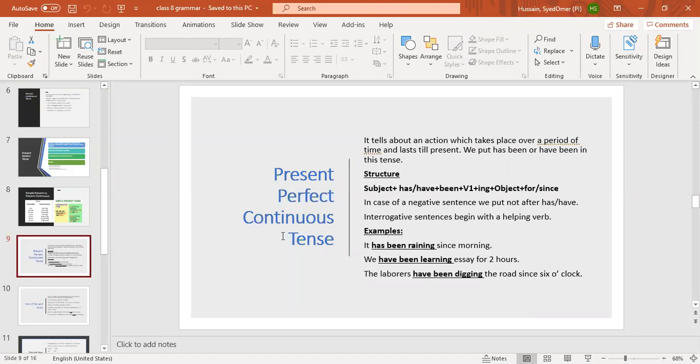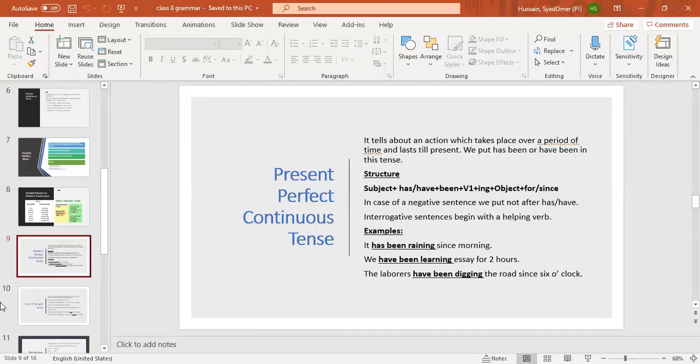I've told you, in every continuous tense, wherever the word continuous comes, you have to put ing with the first form of verb, because the action is in continuation. It is going on, it is not finished. So in present perfect continuous, we put has been or have been with the first form of verb in ing.